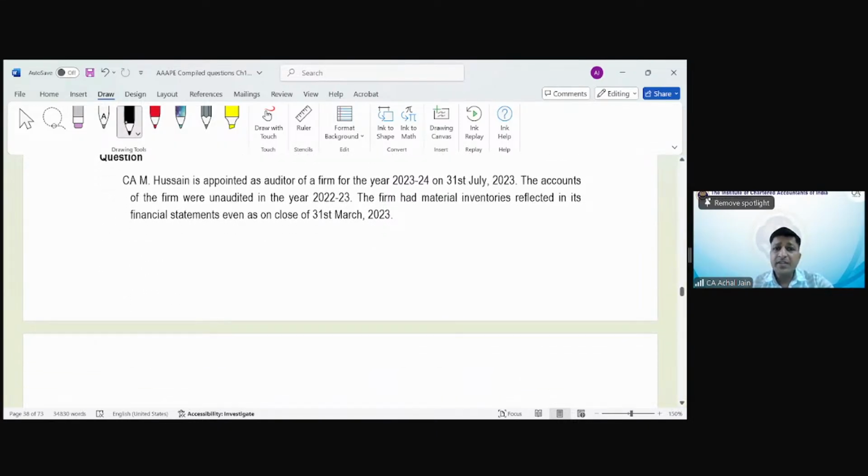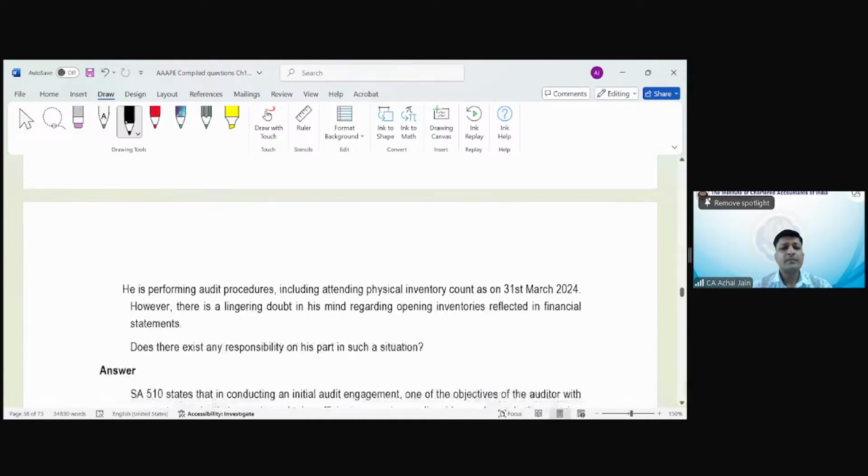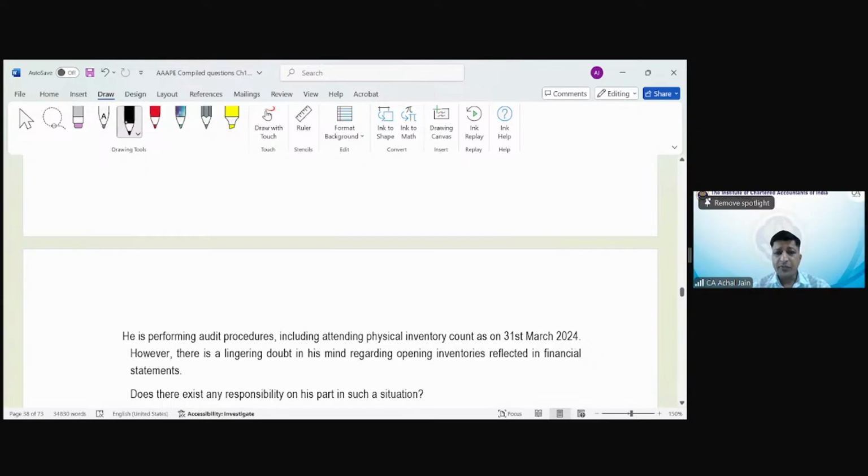CA M. Hussain is appointed as auditor of a firm for the year 23-24 on 31st July 23. Accounts of the firm were unaudited in the year 22-23. The firm had material inventories reflected in its financial statements, even as on close of 31st March 24. He is performing audit procedures, including attending the physical verification count on 31st March 24.